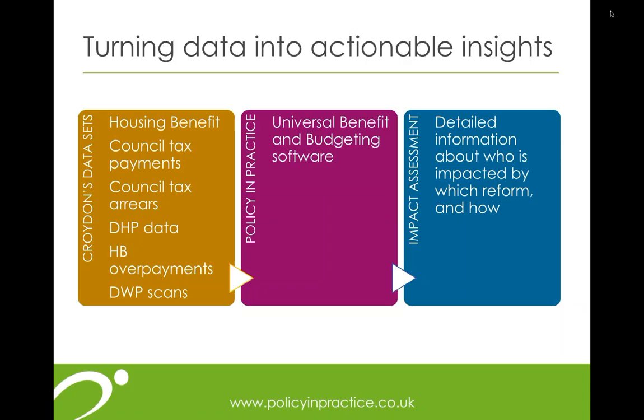I like to call these two data sets real gold mines of information because they contain an awful lot of indicators about your low-income residents and, more importantly, and crucially, at the household level. And we then layered on top of this information that the council had received from the DWP, the DWP scans, and information on DHP awards, council tax payments and arrears, and housing benefit overpayments.